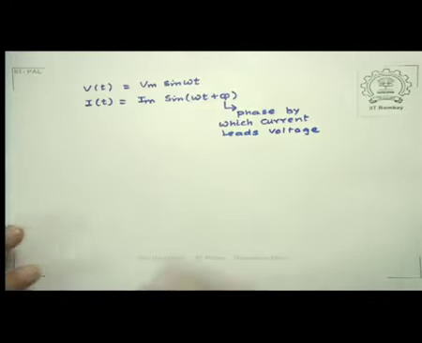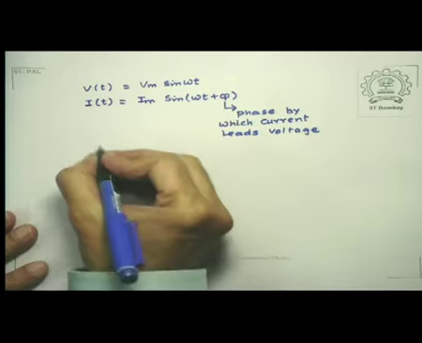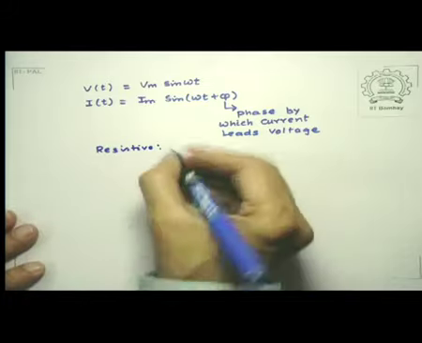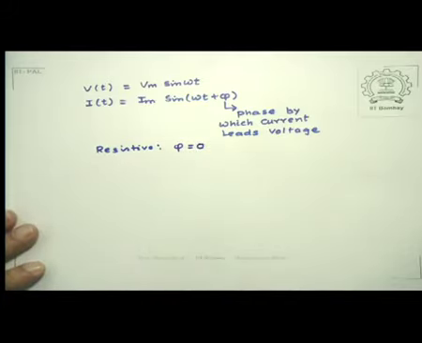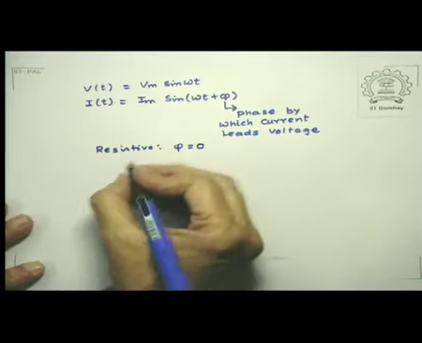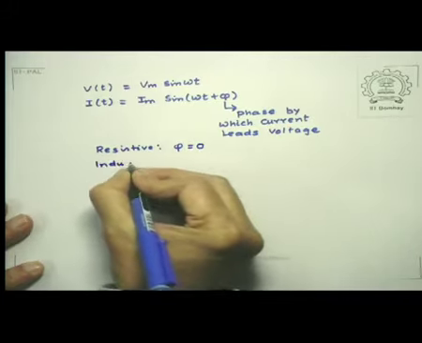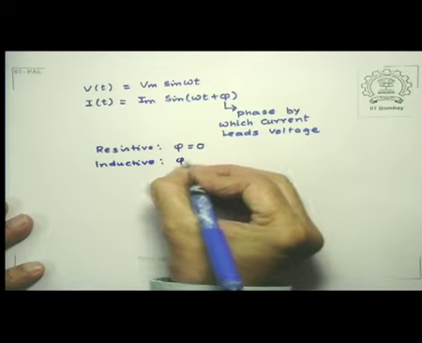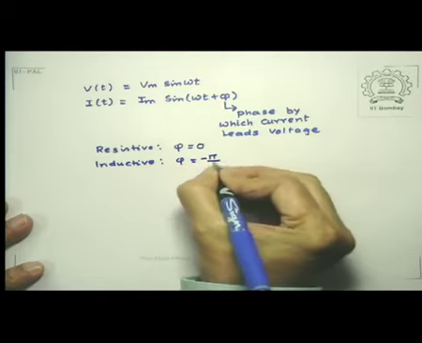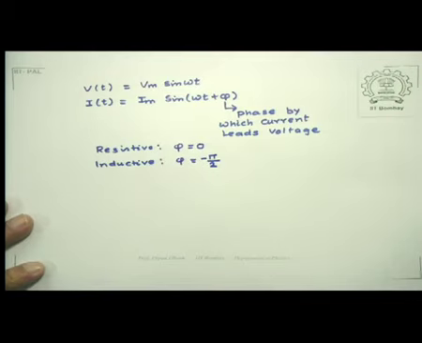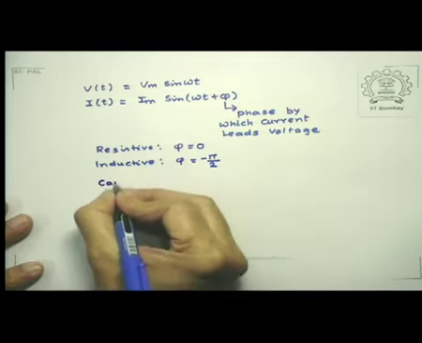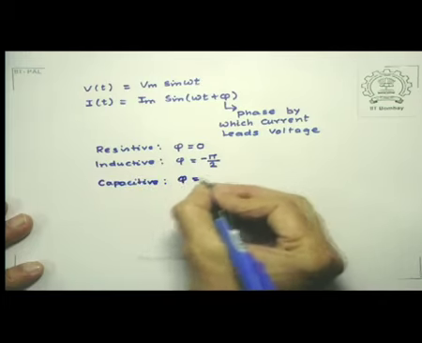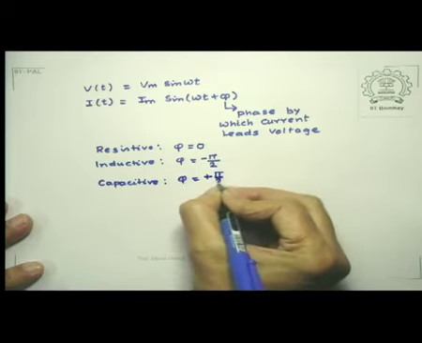With this notation, if I have a purely resistive circuit, then of course phi is equal to 0, which implies that current and voltage are in phase. For an inductive circuit, as we have seen, current lags the voltage by pi by 2, in which case phi must be equal to minus pi by 2, because I have taken the current expression to be omega t plus phi. And for capacitive circuits, the current leads the voltage by pi by 2, so phi will be equal to pi by 2.